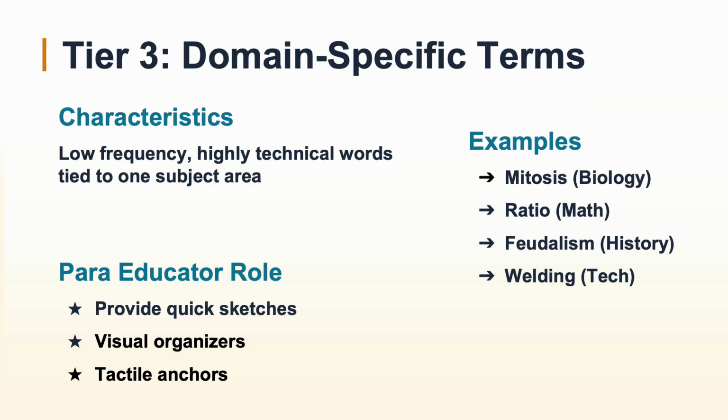Think mitosis in biology, ratio or hypotenuse in mathematics, feudalism in history, or even welding in a vocational technical course. These words are vital for understanding the specific unit being taught, but because they are highly abstract, they carry heavy cognitive loads. Your role here is to provide direct scaffolding, visual graphics, and clear tactile anchors.